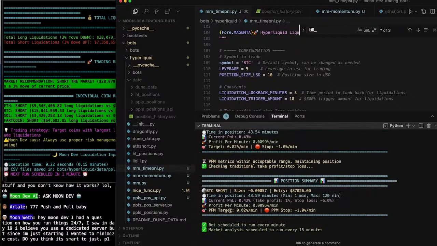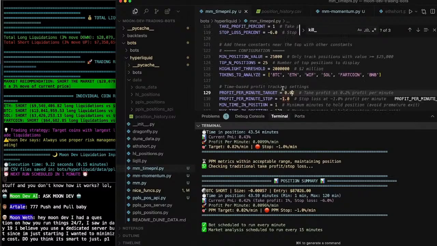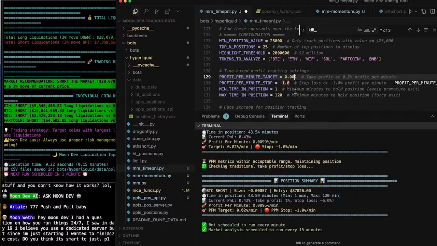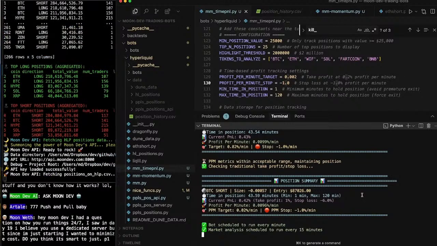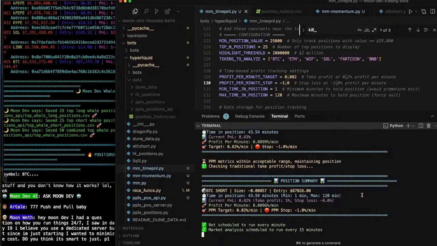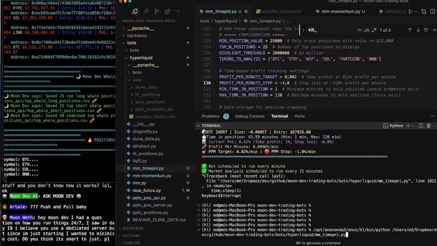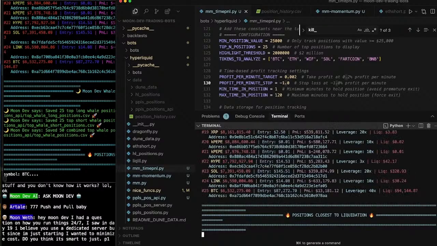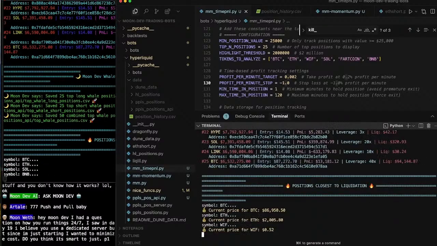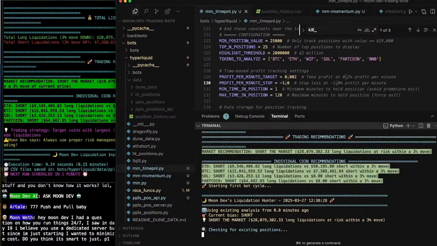So you can see the profit per minute is 0.009. Fudge. So this is going to go exponentially lower. That's okay, because this is just meant to grab fast anomalies, if that makes sense. Like fast moves.